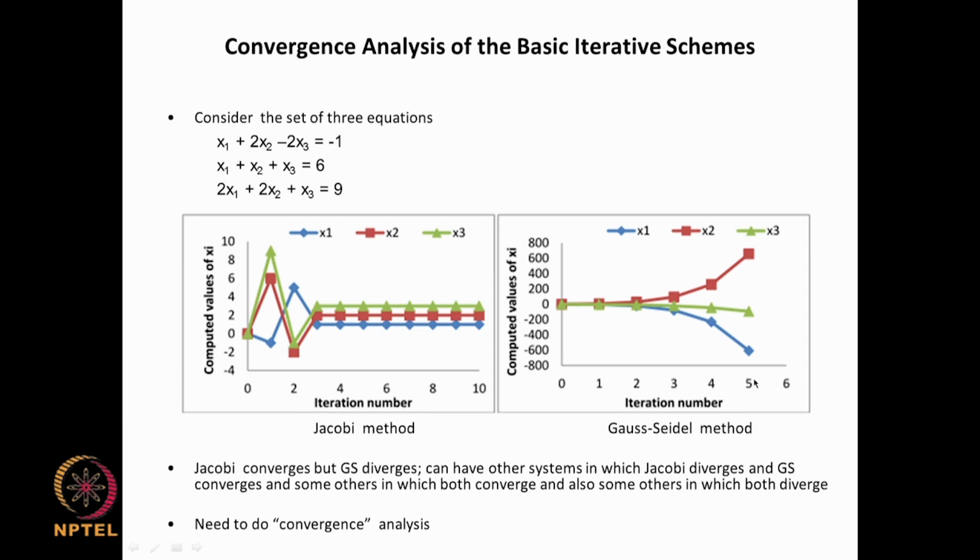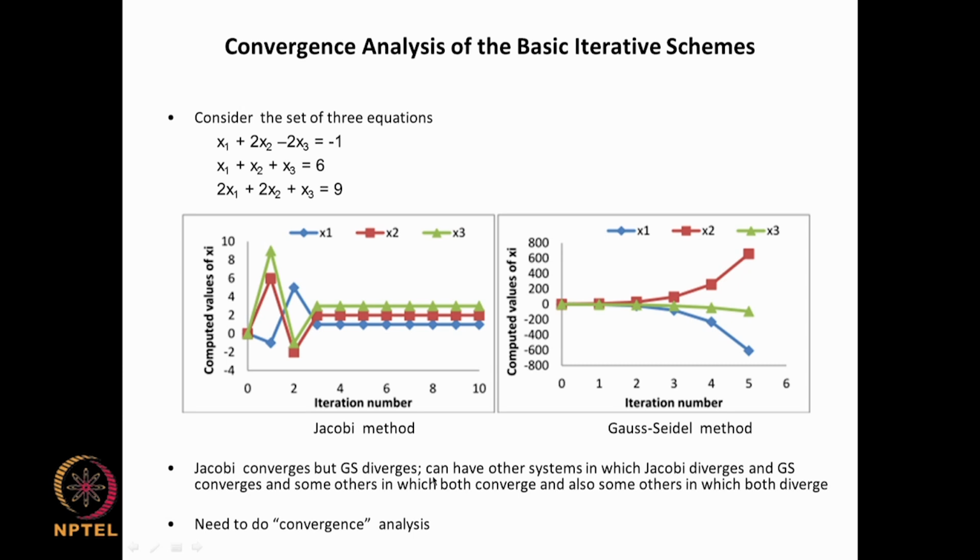At the next step, x1 has become minus 600, x2 has become plus 600, and x3 has become minus 50 or something like that. So instead of converging to values of 1, 2, 3, they are diverging. In this particular case Jacobi converges quickly and the Gauss-Seidel method diverges.